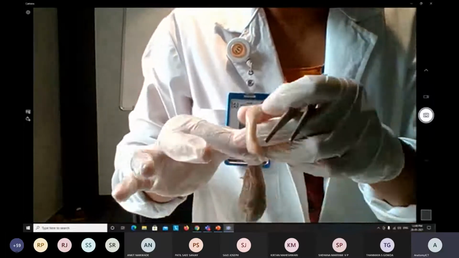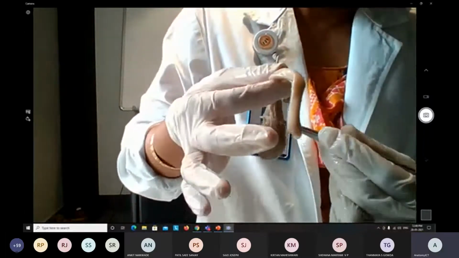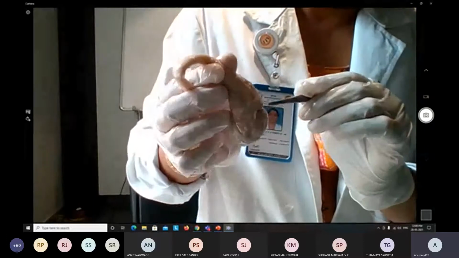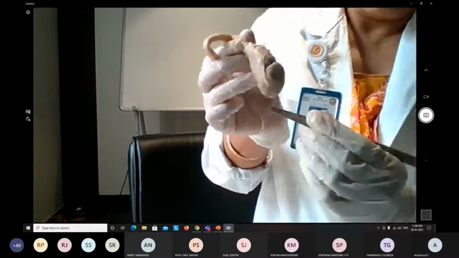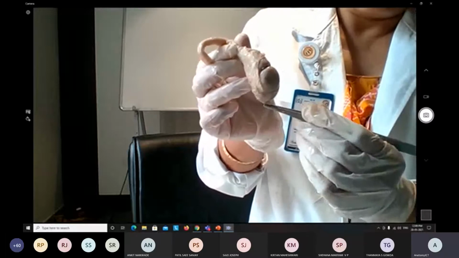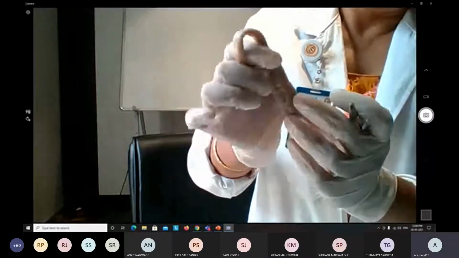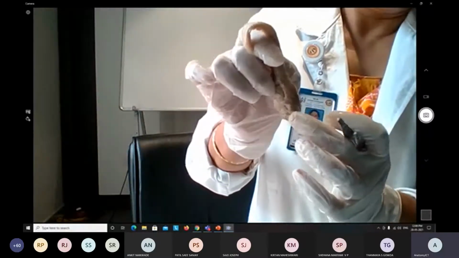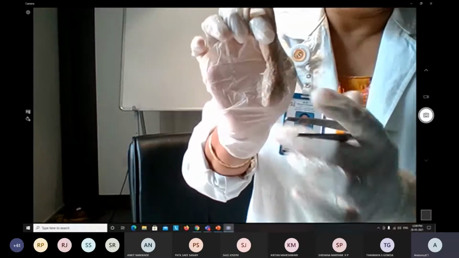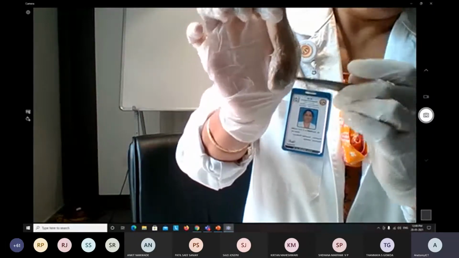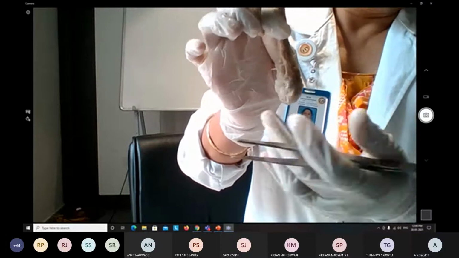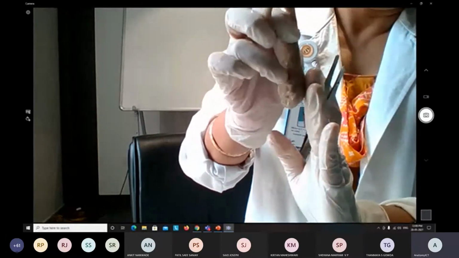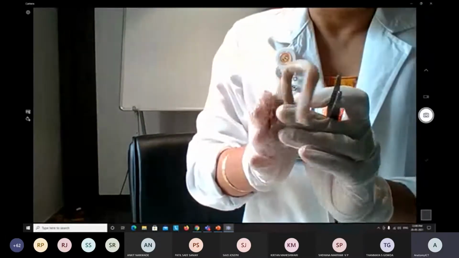So presenting features of the testis are the upper end, the lower end, then an anterior border, here, this is the anterior border, then a posterior border, the medial surface, and a lateral surface.